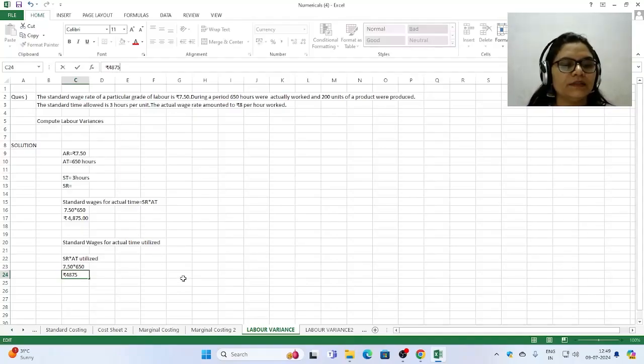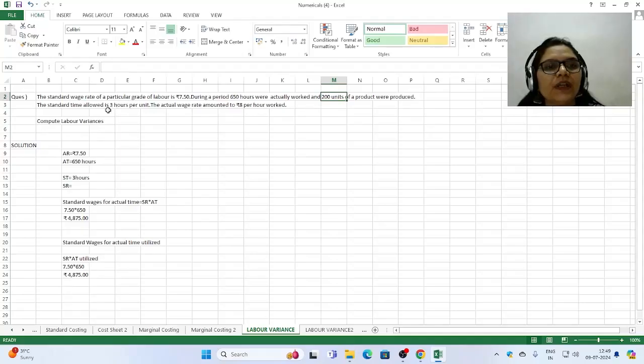Next is standard wages for standard time for actual output. Now, in the question, it is given 200 units were produced and time allowed was 3 hours per unit. So, actual output was 200 units and time allowed is 3. So, the standard time for actual output is 600 hours.